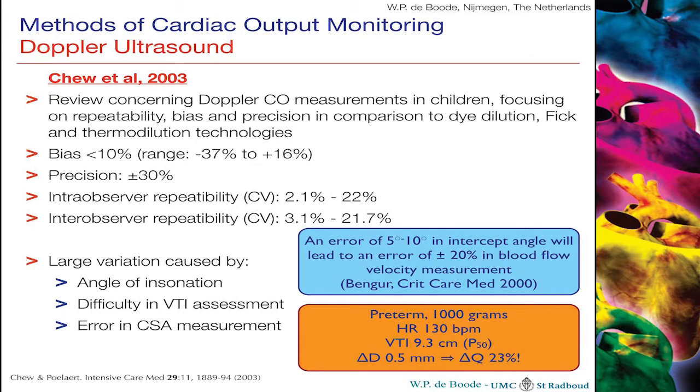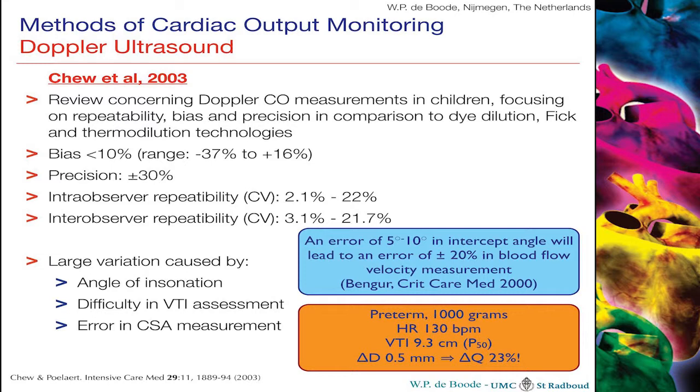Chu and colleagues in 2003 wrote a review about the Doppler cardiac output measurements in children, and they focused on repeatability, bias, precision, etc. And they compared echocardiographic cardiac output measurements with other forms of cardiac output measurements, such as dilution, Fick method, and thermodilution technologies.